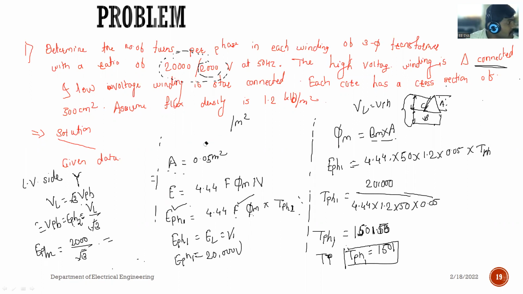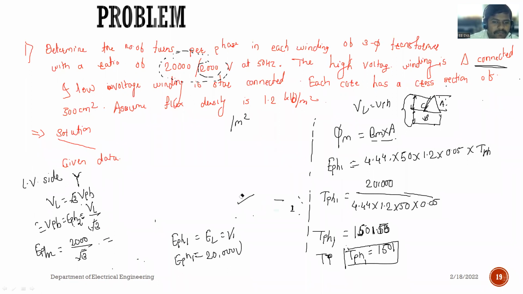2000 is given, no? 1154.70. Just check once again.